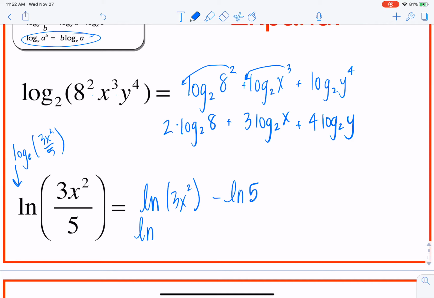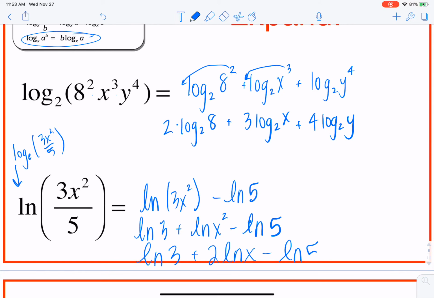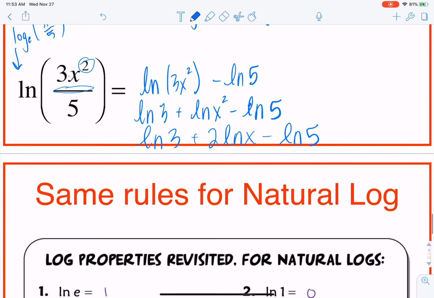So this is the natural log of 3 plus the natural log of x squared minus the natural log of 5. And one step further, the natural log of 3 plus 2 times the natural log of x minus the natural log of 5. So here we used all three. So we were multiplying, we had a power, and we were dividing.